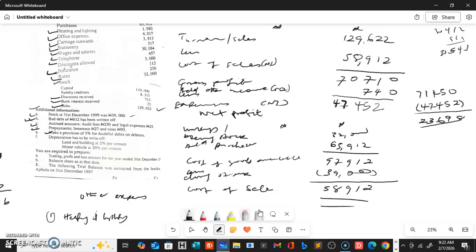So that's 48816 expenses. So at the end of the day, we're going to be left with a net profit of 22634.